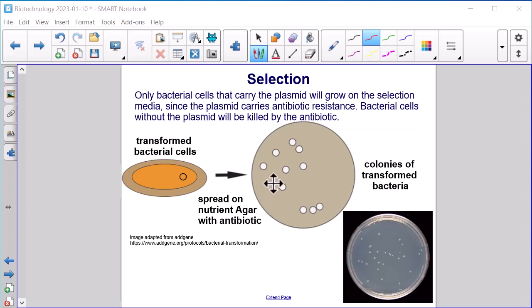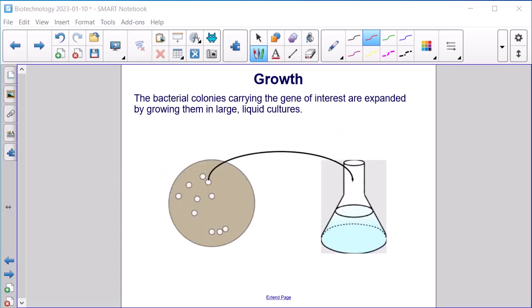So we have this agar with antibiotic, and we see these colonies of transformed bacterial cells growing. Bacterial cells without the plasmid will be killed by the antibiotic. The bacterial colonies carrying the genes of interest are expanded by growing them in large liquid cultures.